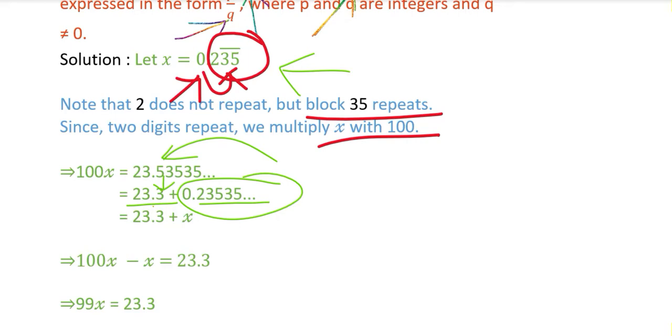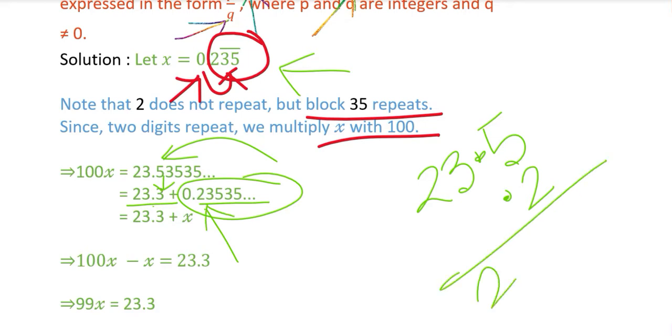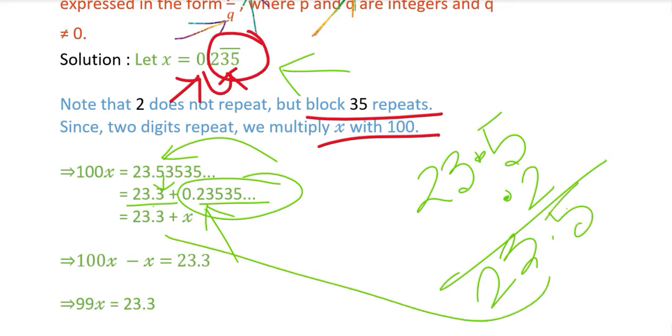Same way as the previous technique. What you have here is 23.5, right? What you need is 0.2 at the end, right? At this place you need 0.2, so just subtract it, you get 23.3.